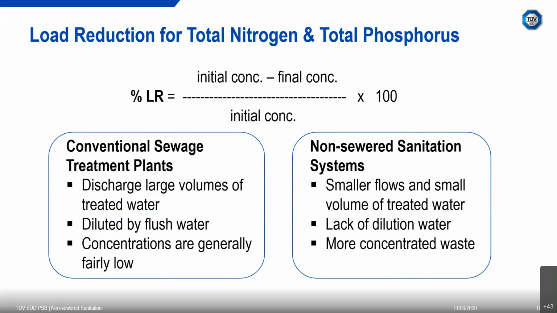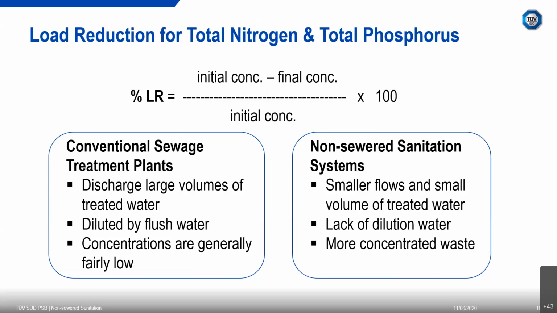Why is percent reduction for total nitrogen and total phosphorus used instead of a specific threshold value? Conventional sewage treatment plants discharge large volumes of treated water because of the dilution of waste by flush water. As a result, they are generally characterized and regulated by their effluent concentrations, and those effluent concentrations are generally low. On-site treatment or NSS systems, however, are typically characterized by the lack of dilution water or much smaller flows.